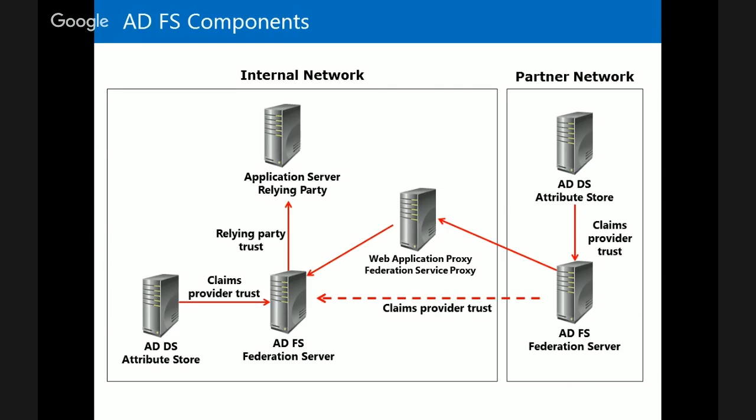That's that application server. So there's a trust that's going to be built between my Federation server and that application server. My application server is basically being told, hey, if the claim is provided by this Federation server, you can allow access. You can accept that claim.